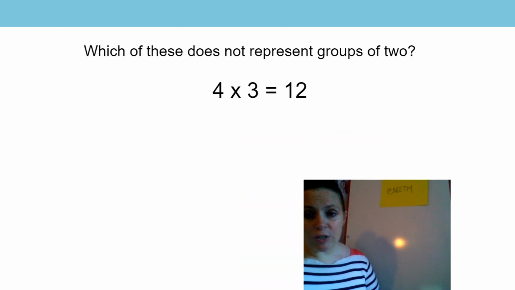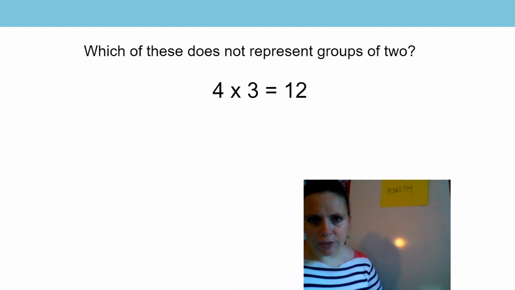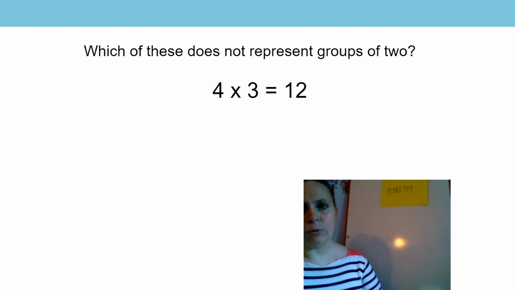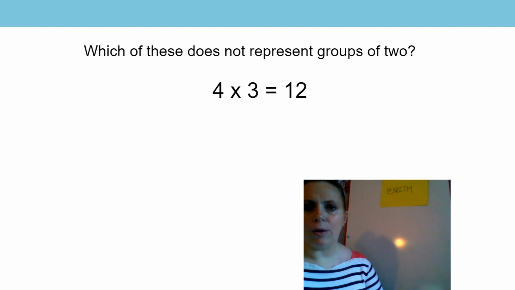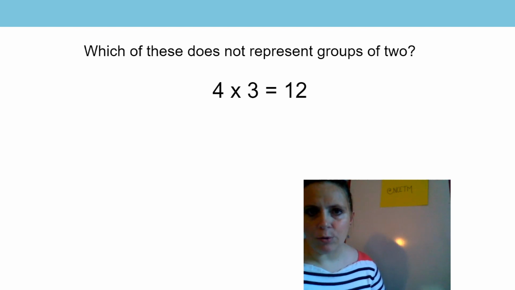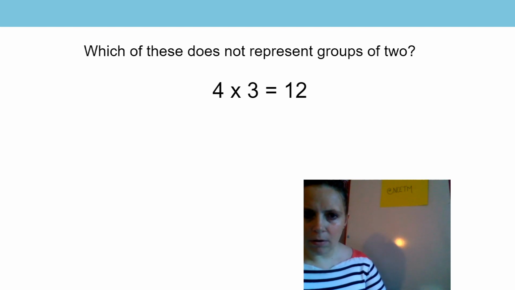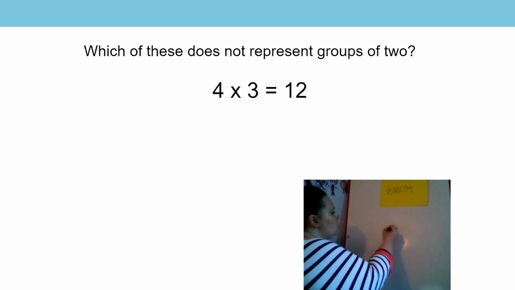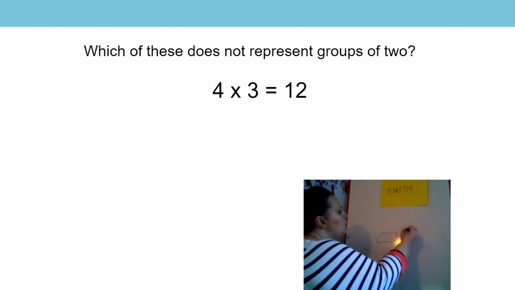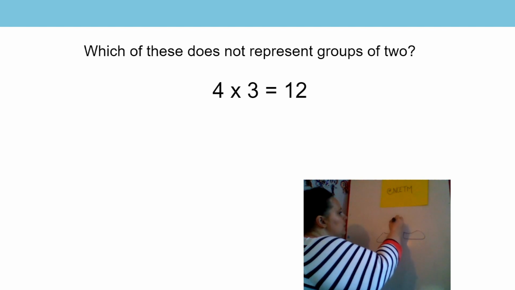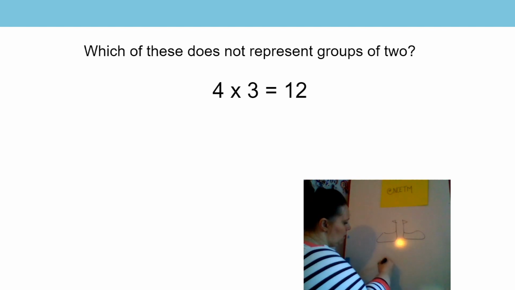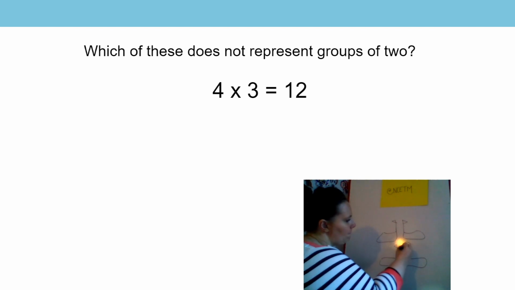Still on the same question, we're looking at the third equation now, where we have 4 times 3 equals 12. And we're still thinking which of these does not represent groups of 2. So how many groups do we have? We have 4 groups. I'm going to try our bumper cars. There's its flag.